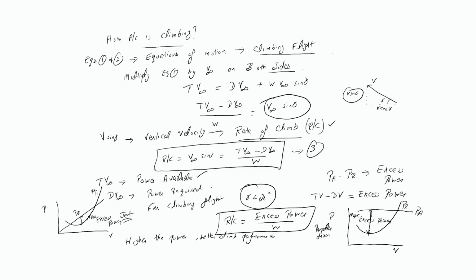Okay, so now let us proceed further. What was lift here? Lift was equal to W cos gamma. So for climbing flight, less lift is needed compared with level flight. If CL is less, then CD required will also be less.